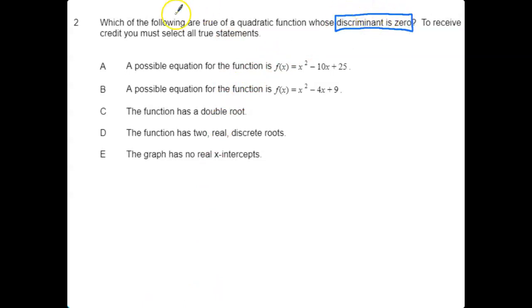If you remember, we had 3 rules. We had if the discriminant was a positive number, if the discriminant was 0, and if the discriminant was negative. So when the discriminant was 0, we had to remember that this would be a bounce.